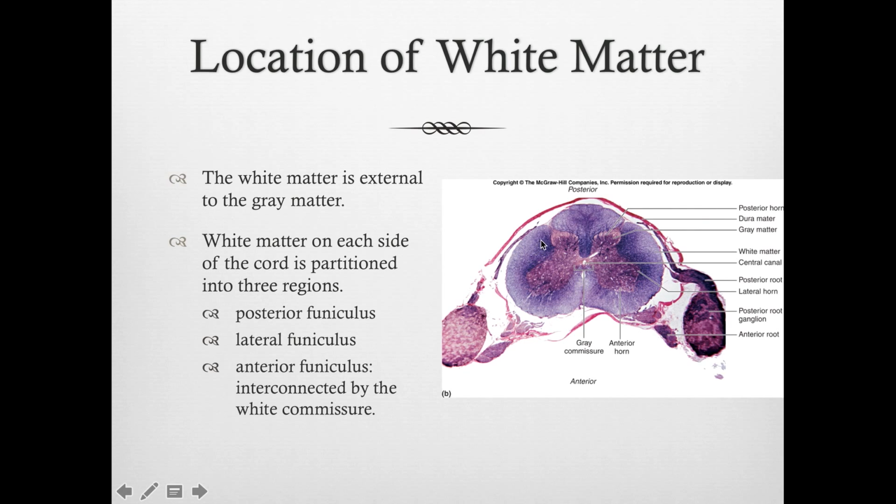And then finally, these lateral portions here and lateral portions here are called the lateral funiculus, right? So lateral, lateral, posterior, anterior, right? Pretty simple. Again, very similar to the horns of the gray matter.